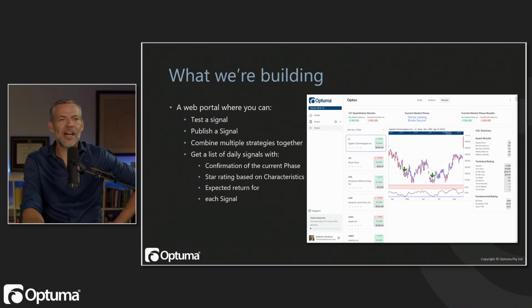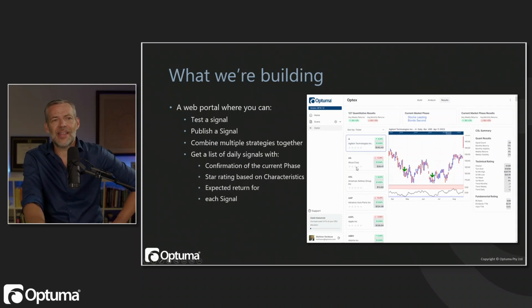And again, these star ratings, which are not highlighted on this example here, but they would also give me the idea of, yes, here are all the stocks that I've gotten a signal for today, but this one is only 3-star, this one is 5-star, because maybe it's low volatility and low beta.